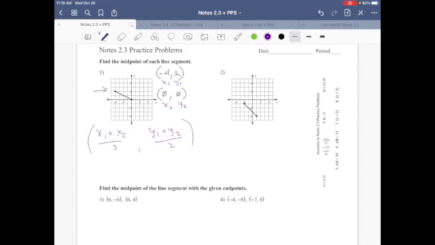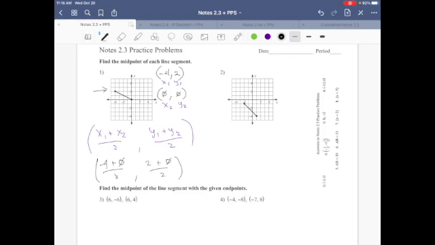So then we're going to plug these in. My x1 is negative 4, x2 is 0 divided by 2. y1 is 2, y2 is 0 divided by 2.